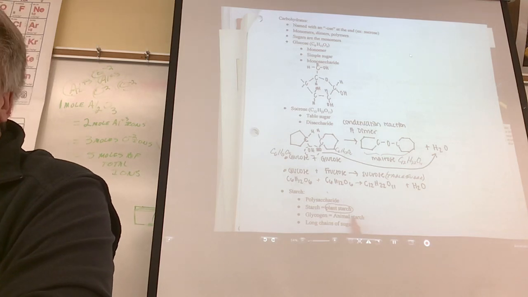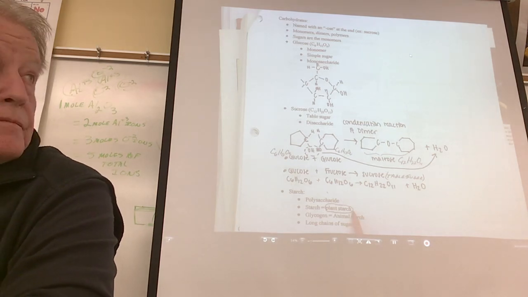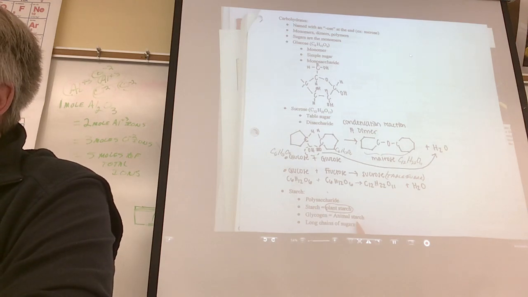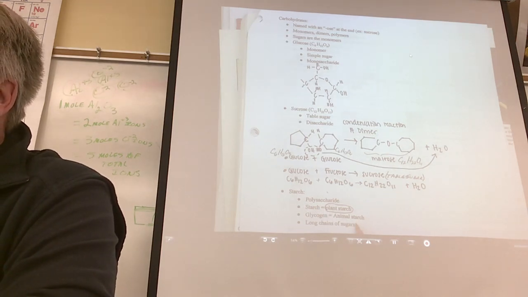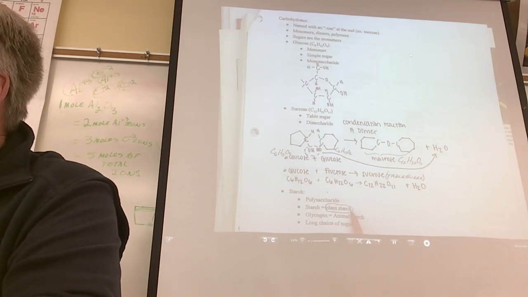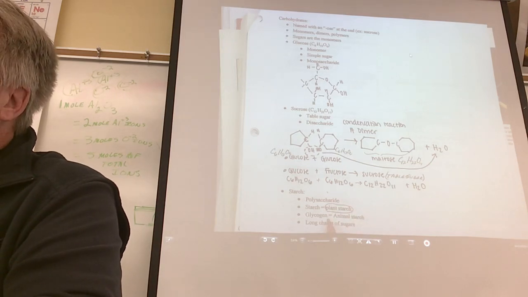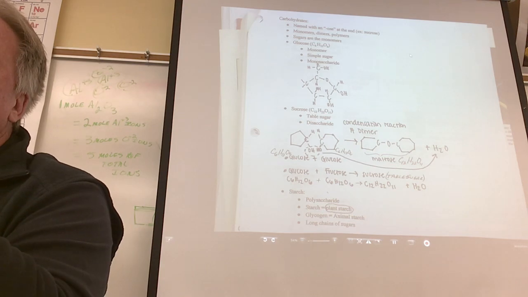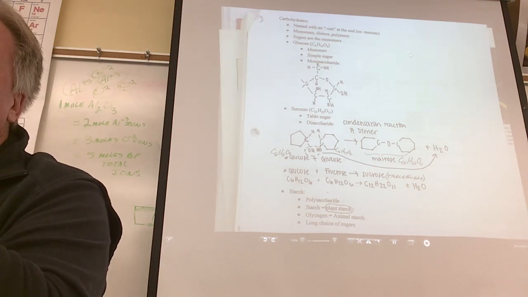Now this is plant starch, and we call it starch. Okay, here we go. Now animals do the same thing. When you buy starch in the store, it came from a plant. But they have a fancy name for what your human body does. The human body also takes sugars and stores them in a form of animal starch.